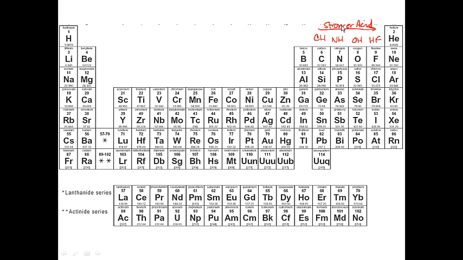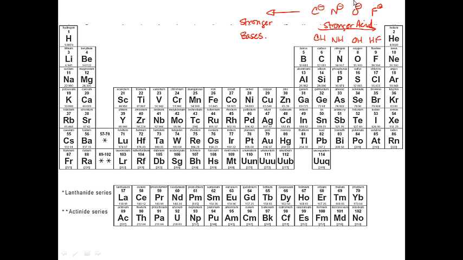Well, if we know the trend for acid strength, we can ask what the relationship is between C minus, N minus, O minus, and F minus as bases. If you said that going from right to left we have stronger bases, then you're correct. C minus is the strongest base in that series, and F minus is the weakest base.